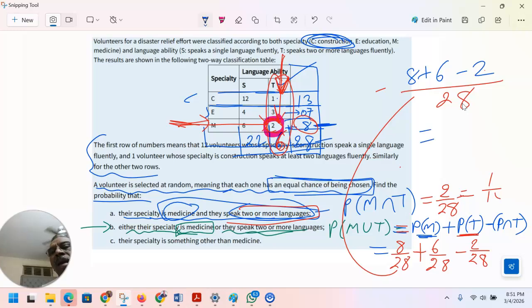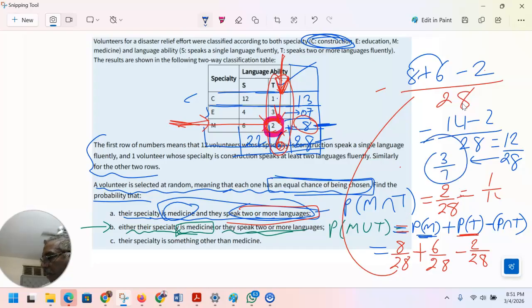So you get 8 plus 6 is 14, and 14 minus 2, you get 12 out of 28, you're done. If you want to reduce, we can also write it: 4 goes 3 times, 3 out of 7 also.